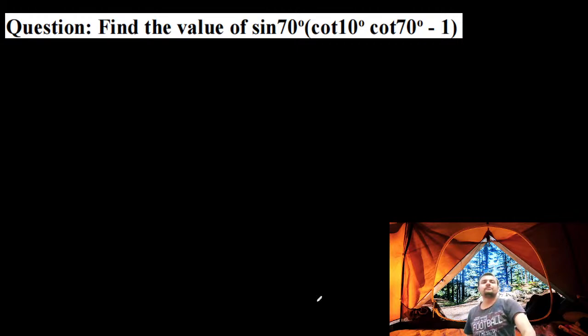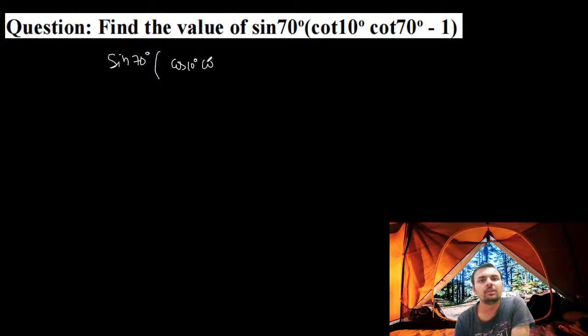Okay, moving ahead. Find the value of sine 70 cot. So if we say sine 70 degree, it is cos 10 cos 70 sine 10 minus sine 10 degree sine 70 degree.